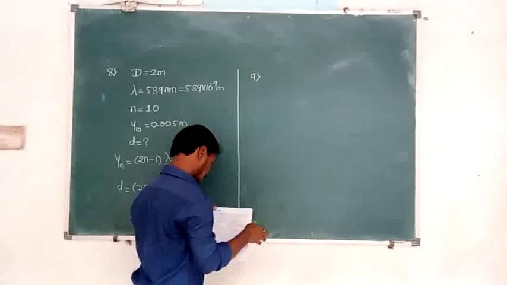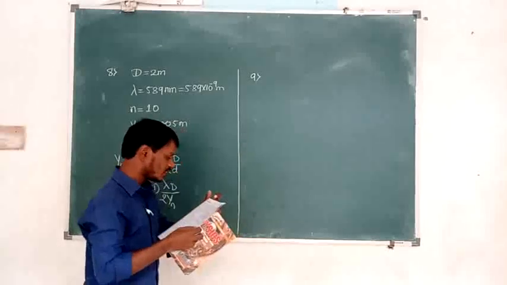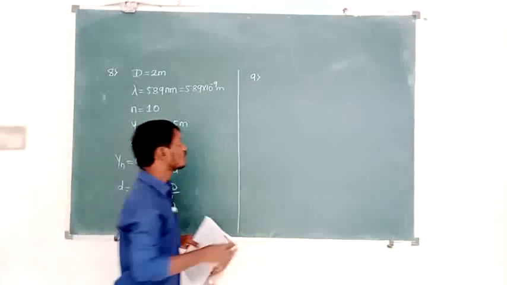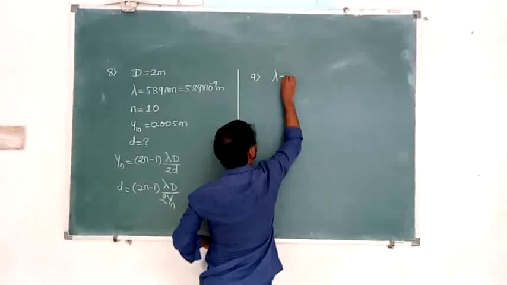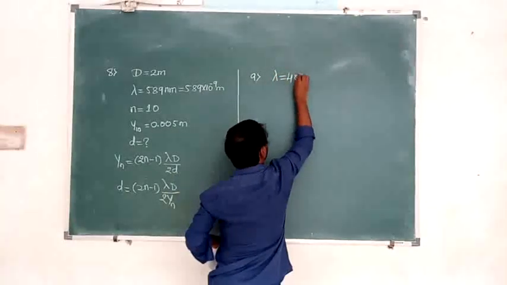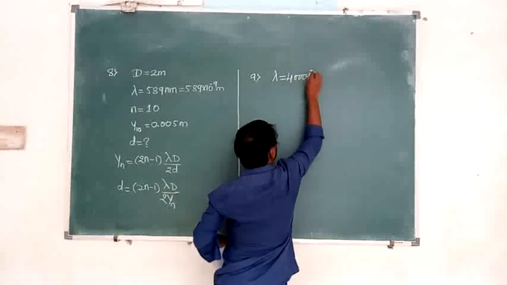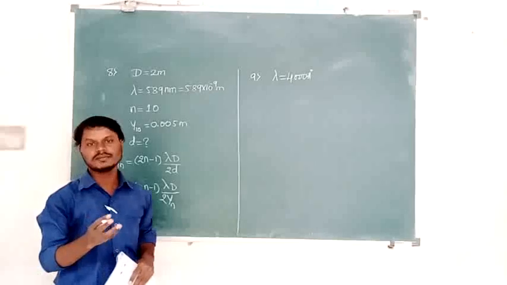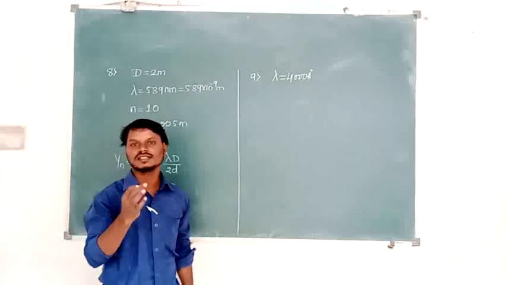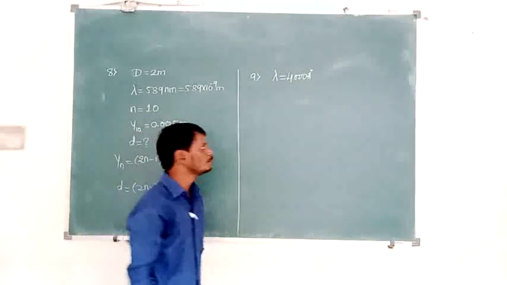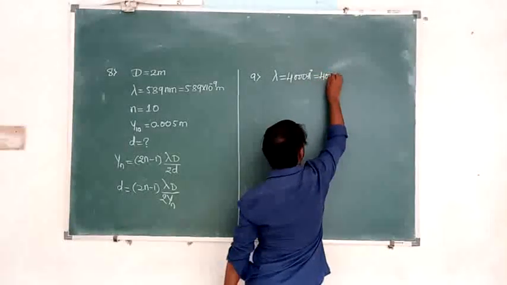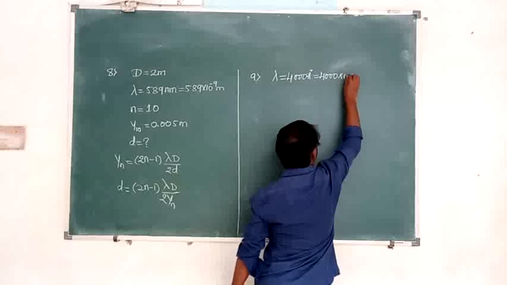In Young's double slit experiment with a monochromatic light of wavelength given, that is 4000 angstrom. So 1 angstrom is 10 to the power of minus 10 meter. Angstrom and nanometer both are used to measure the wavelength of the light. So that is 4000 into 10 to the power of minus 10 meter.